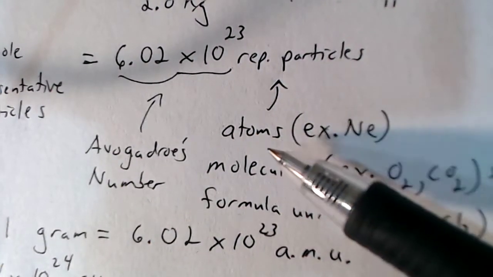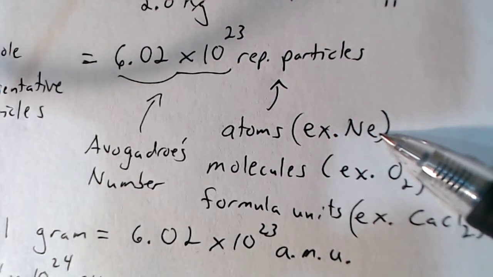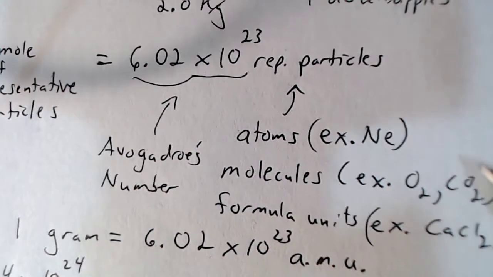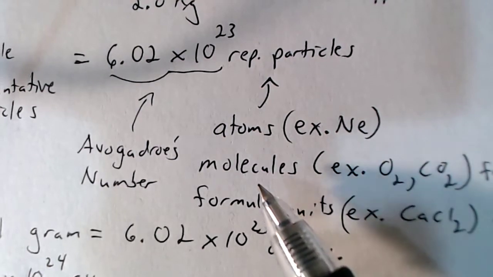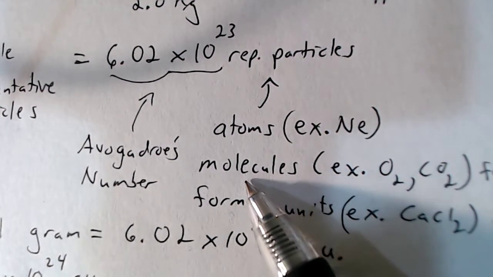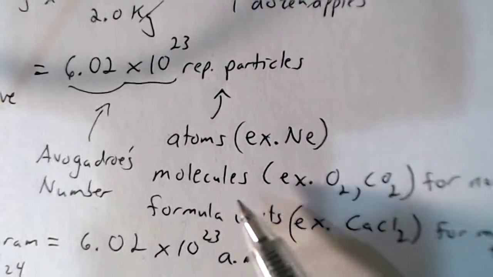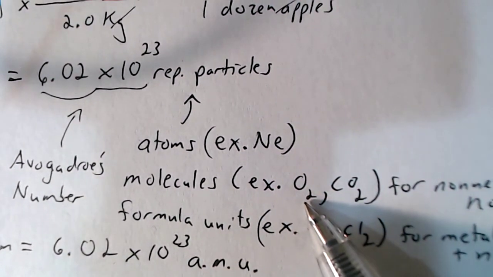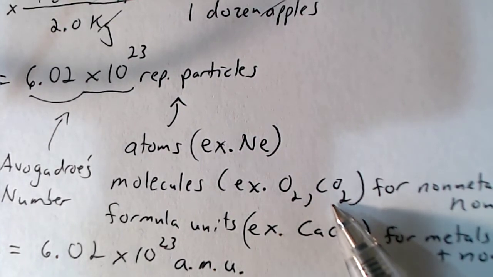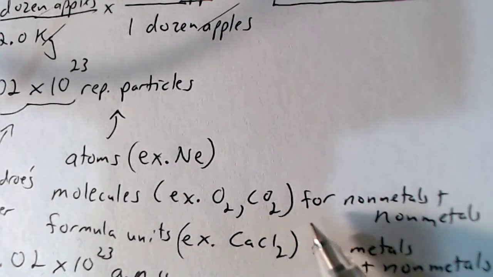It can be atoms, like if you're dealing with individual atoms of an element, like neon, which floats around as a gas all on its own. Or you can have 6.02 times 10 to the 23 molecules in a mole of molecules. Molecules are when you have 2 or more nonmetals bound to each other, or nonmetals and metalloids.